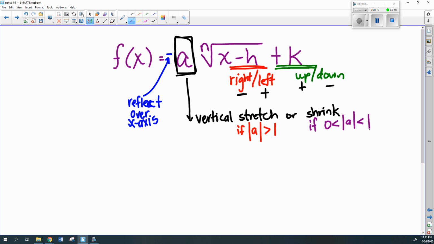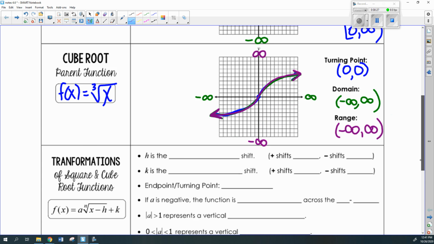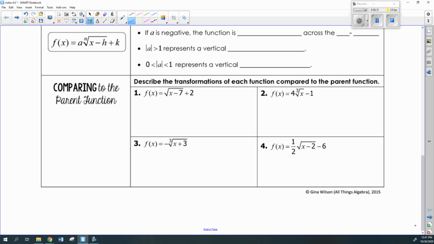Okay? So now what we're going to do is look at some examples and actually decide what the transformation is. So I'm going to go back to my page, scroll down past all the stuff we've done. All right, and remember you're comparing these to the parent function, but it doesn't matter what the parent function is, the transformations work the same way.